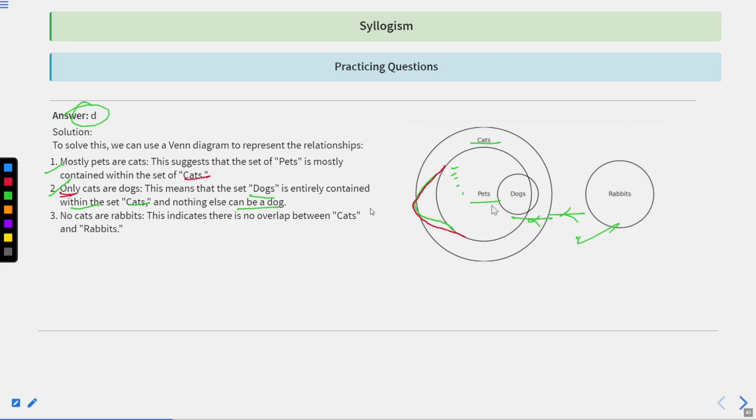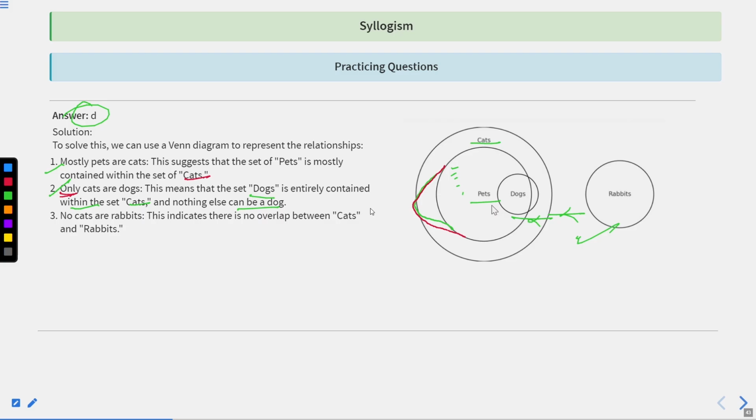I suppose we have tried to understand the concept of syllogism, and in the practice questions we have tried to understand how the words all, mostly, only, no, some, probably, possibility are being used in order to confuse the mind of the reader.